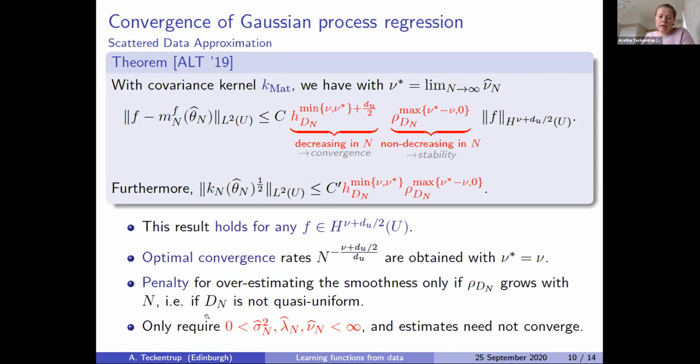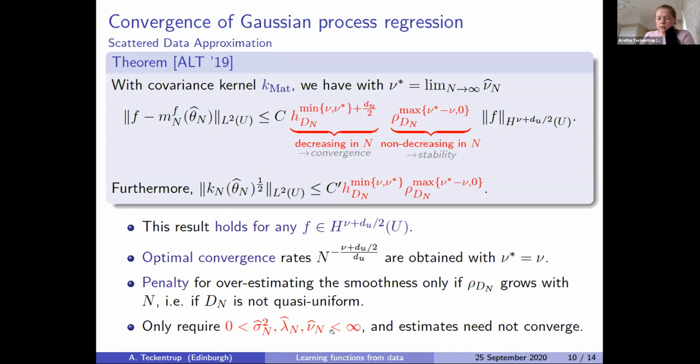Right. This result does hold in a very wide variety of cases, so you don't have very many assumptions that you need on your estimated parameters. Again, as I said, you don't really need to know much about how you estimate the parameters, whether you use maximum likelihood or whatever you want to use.